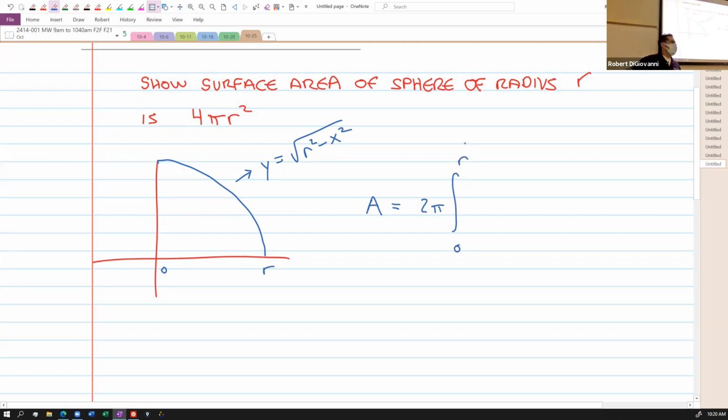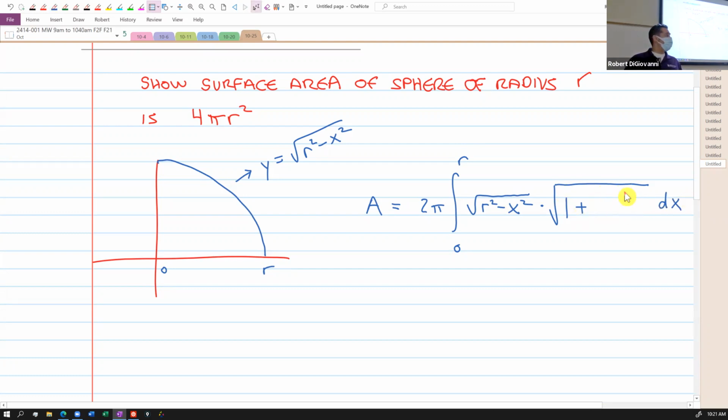But what goes there before the square root? The function itself, right? Which is the square root of r squared minus x squared. That's f of x. But then I have to multiply that times the square root of 1 plus something dx.